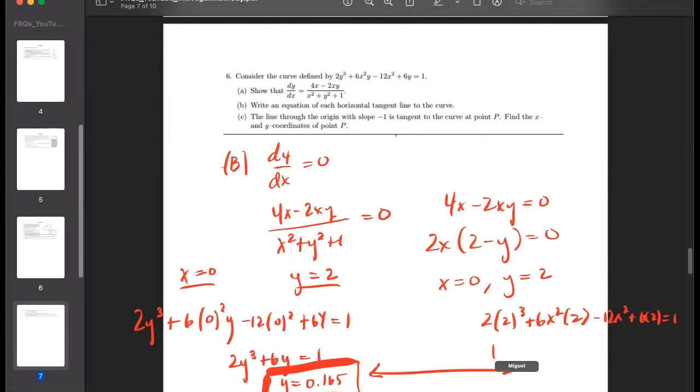That's 16 plus 12x squared minus 12x squared plus 12 is equal to 1. Check that out: 12x squared minus 12x squared cancels out, and we get 16 plus 12 is equal to 1. That can't happen, so right away we get an error. So the only horizontal tangent line that we have is y equals 0.165. And that is part B.